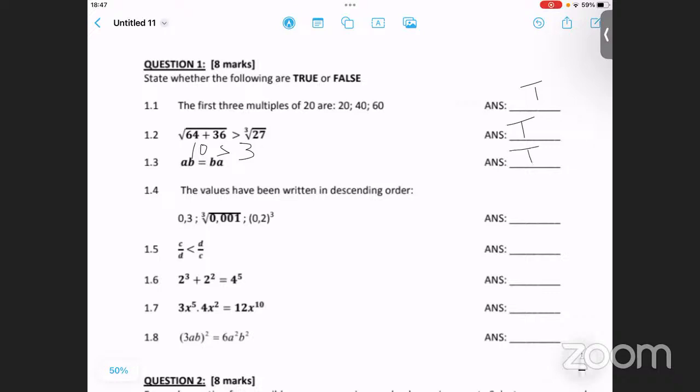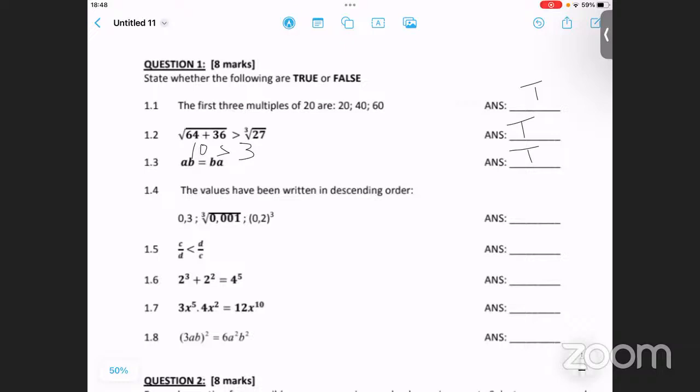So the position of the letter doesn't matter. As long as you're multiplying, the answer will be the same, whether it's AB or BA. For instance, if A was 1 and B is 2, it's 1 times 2 is equal to 2 times 1, which is 2, right?